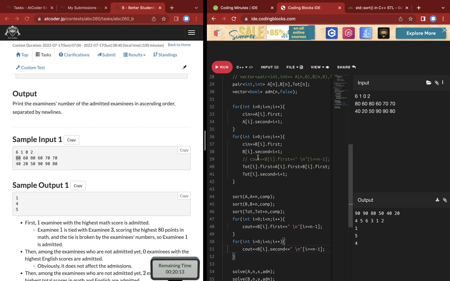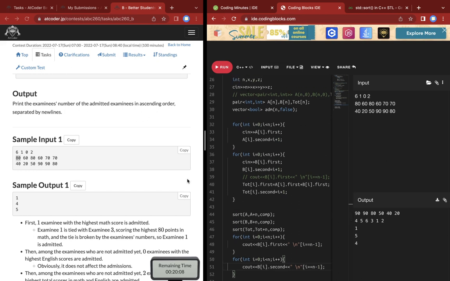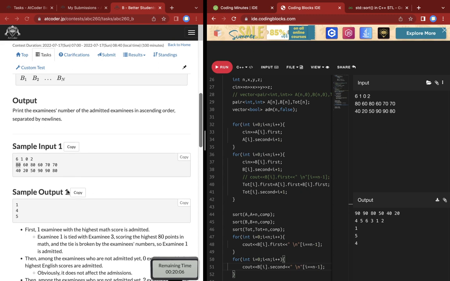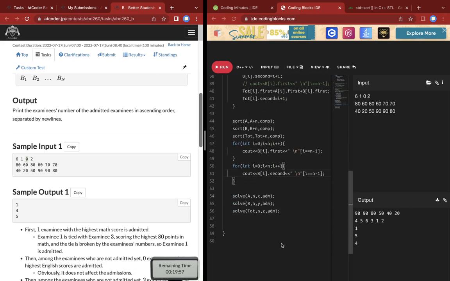So why isn't our code picking up 4? Okay, because 0 students, it has to pick 0 students from that. Okay, gotcha.